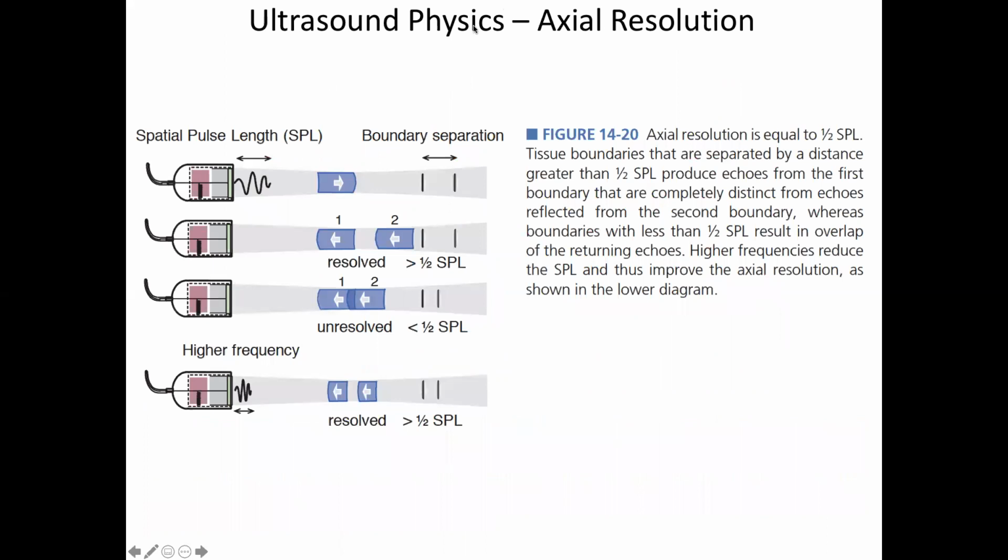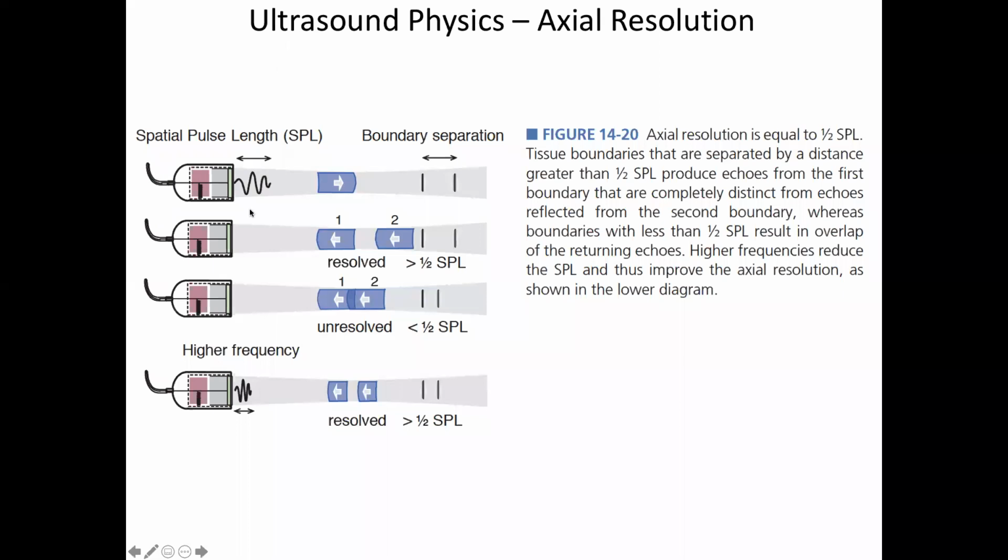So the primary mode of acquiring echoes from interfaces in the body is we generate a short burst of ultrasound, and this burst is like microseconds long. It's very, very short, a few oscillations at, say, 2 megahertz frequency in a window.